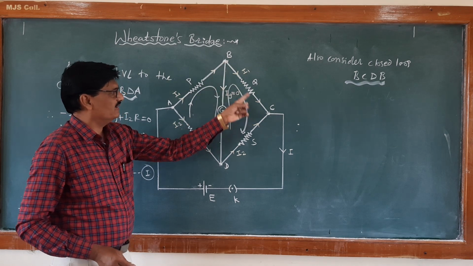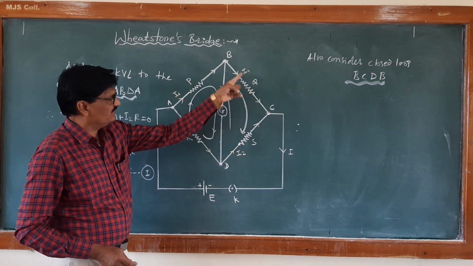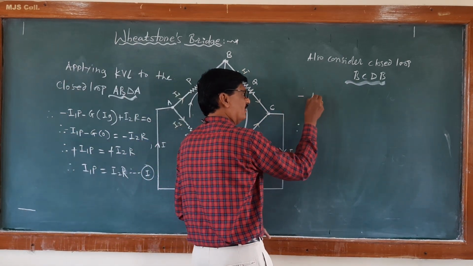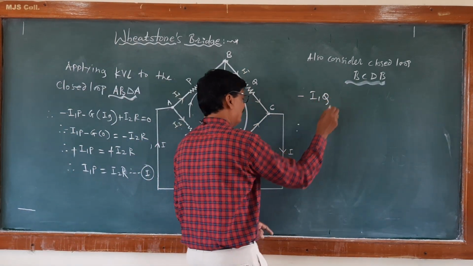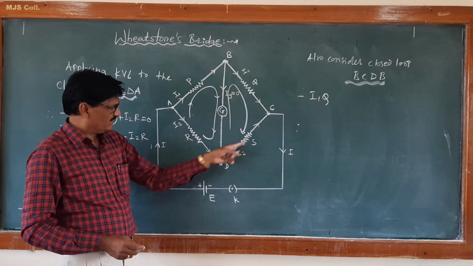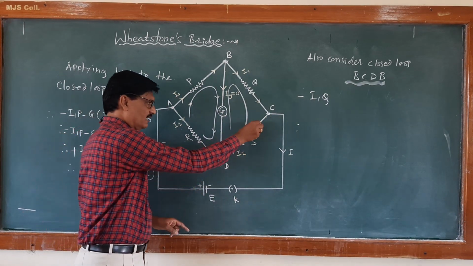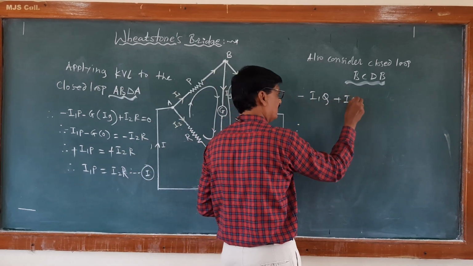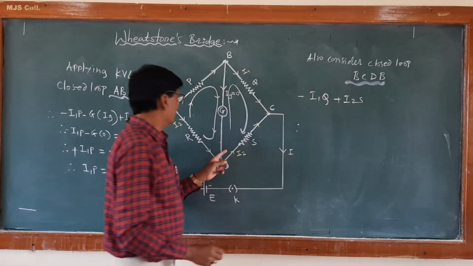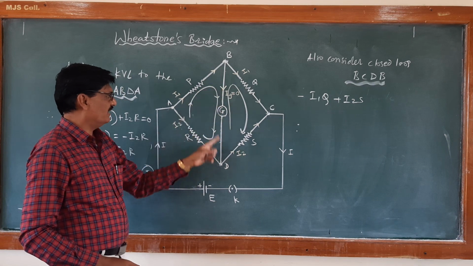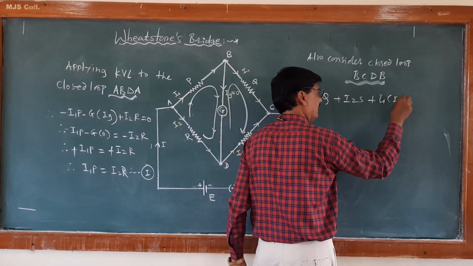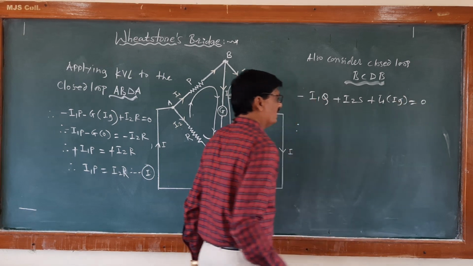Potential difference taken in the direction of conventional current is negative, that is minus I1 times Q. Then potential difference taken against the direction of conventional current is positive, therefore plus I2 times S, and plus G multiplied by Ig is equal to 0.